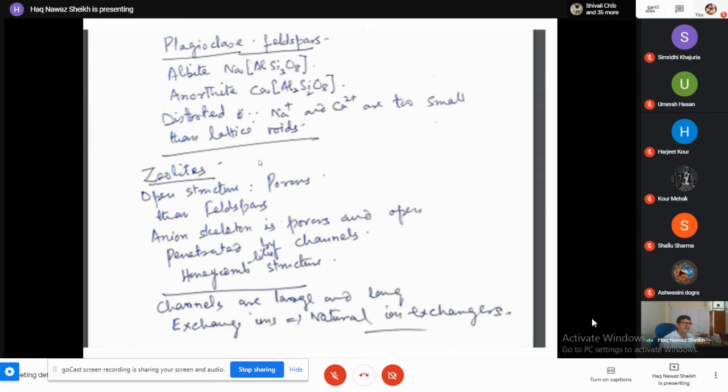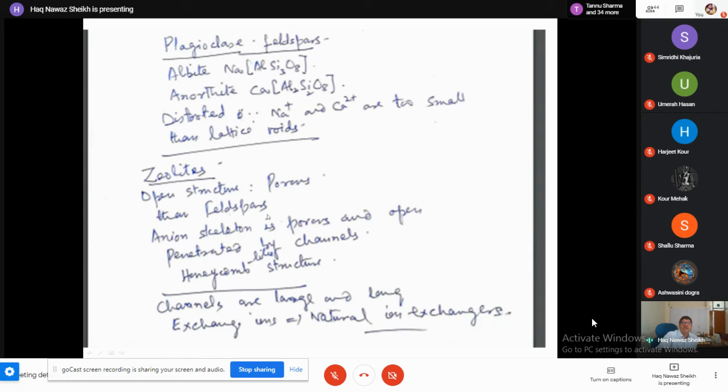Many times the gases get condensed in those voids, and then when you heat the material, the liquid turns into vapors and is removed as gas, and the zeolite in the process does not break down. It retains its structure. That's how it becomes such an important material. So these are open structure, porous materials.